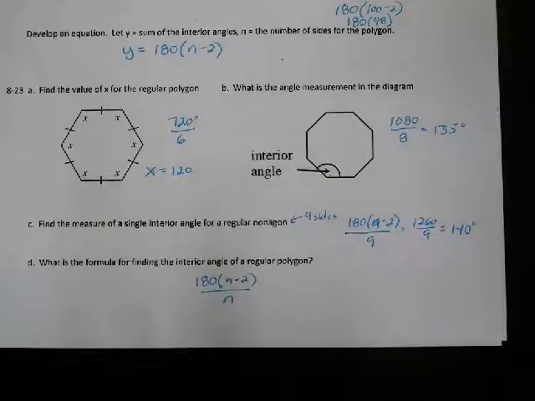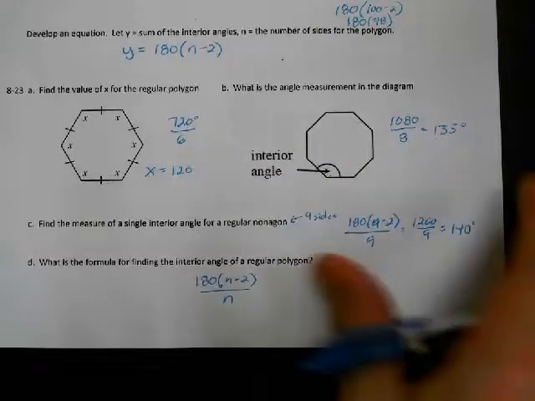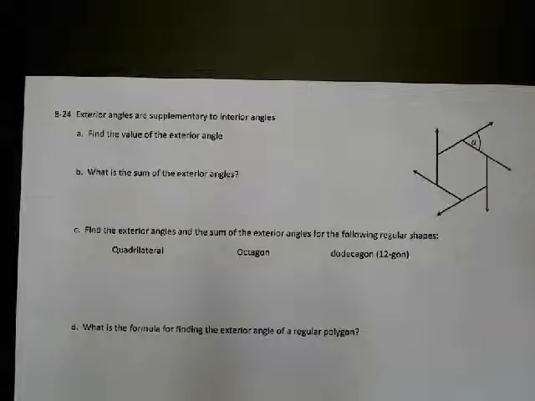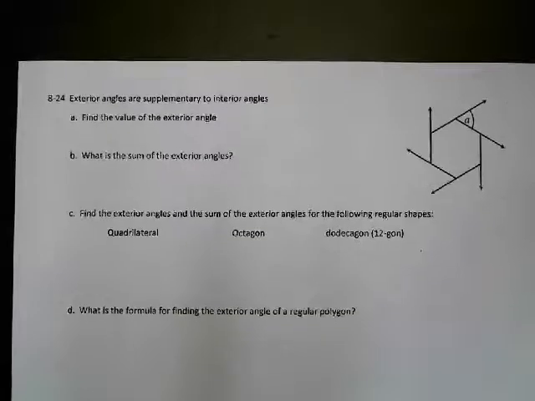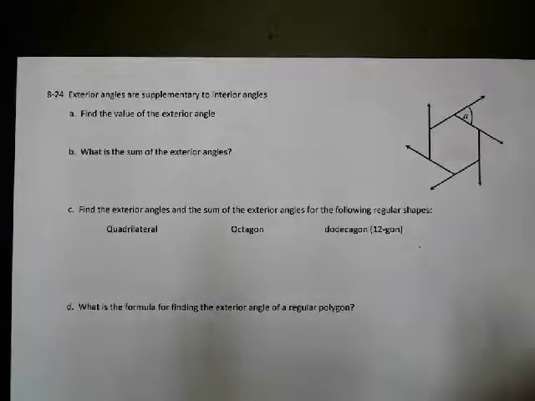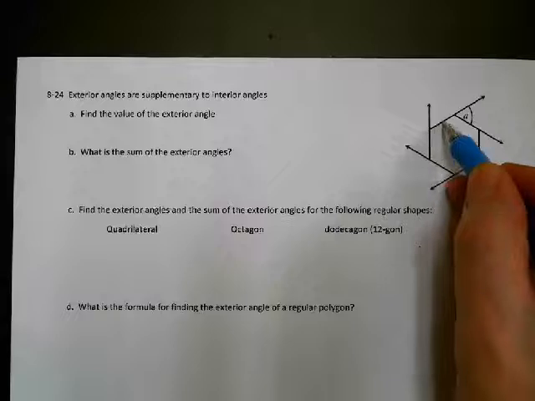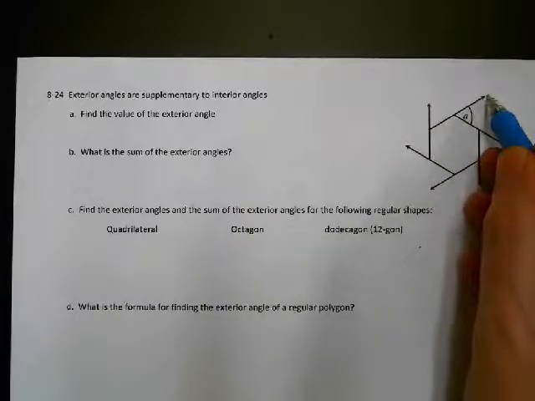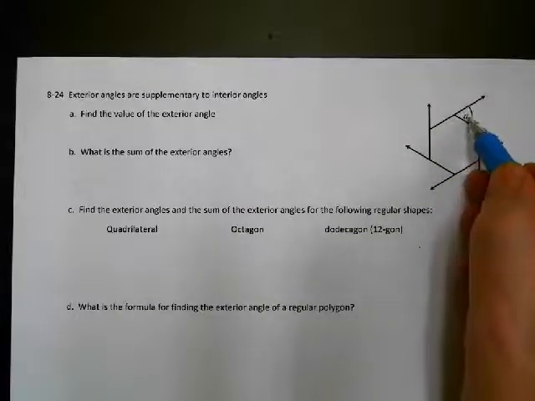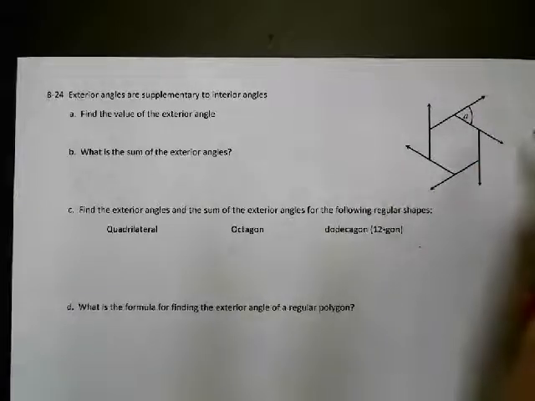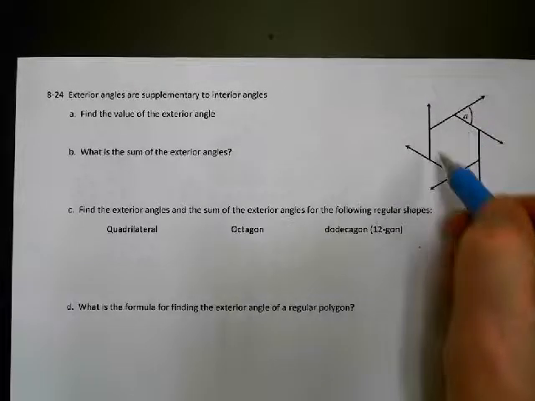All right, let's flip it over. All right, let's talk about exterior angles. Exterior angles are when we've got a side and it just keeps on going, and that's the angle on the outside of the shape. So the exterior angle would be over here on the outside of the shape. Now I've got 1, 2, 3, 4, 5, 6 sides.